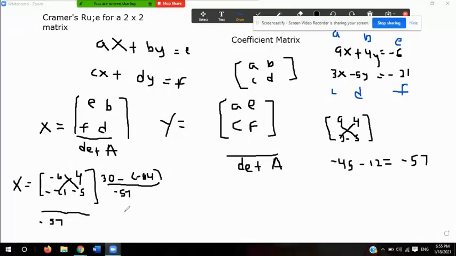Negative 30 minus negative 84 is 114, and you divide that over negative 57, and that equals negative 2. So to find the value of x, we know that x is negative 2.